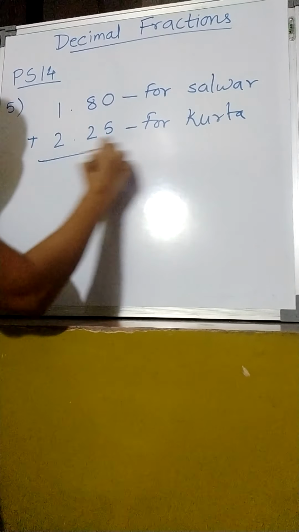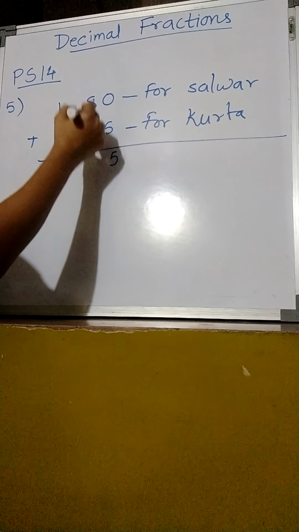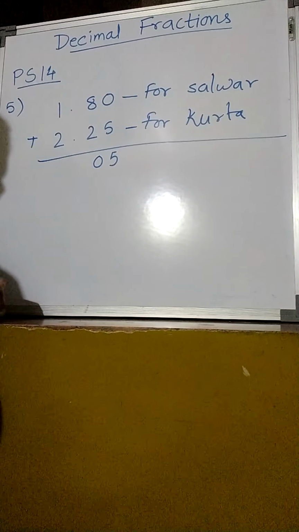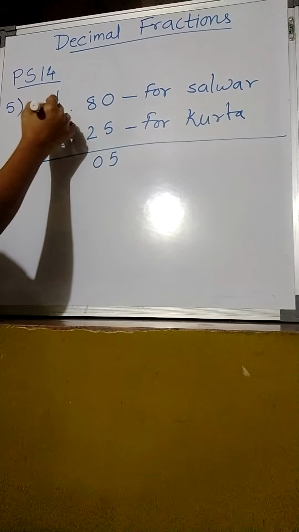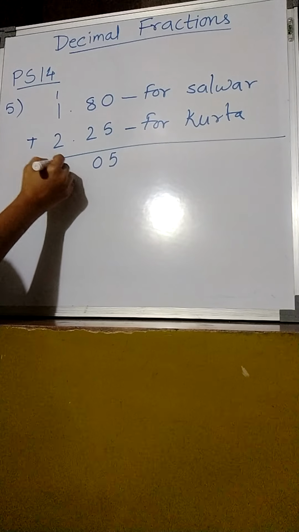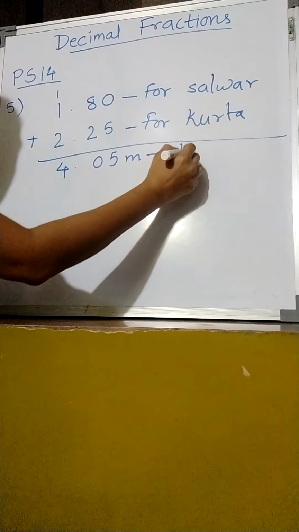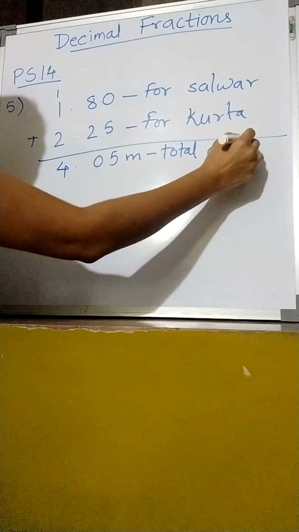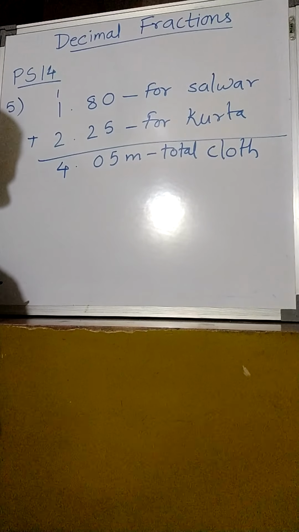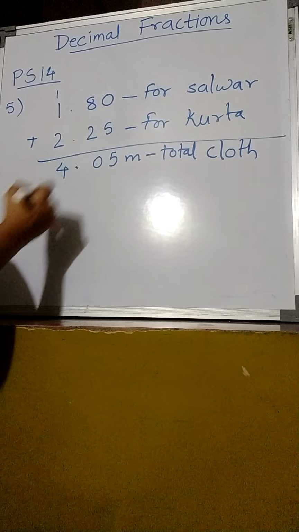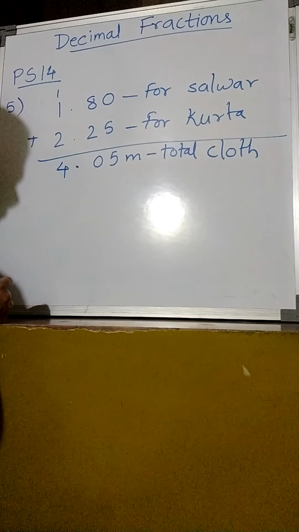Okay, add this. 0 plus 5, 5. 8 plus 2, 10, carry over 1. 2 plus 1, 3 plus 1, 4. So total cloth is how much? 4.05 meter. Now what do you have to calculate? What is the cost of this total cloth?